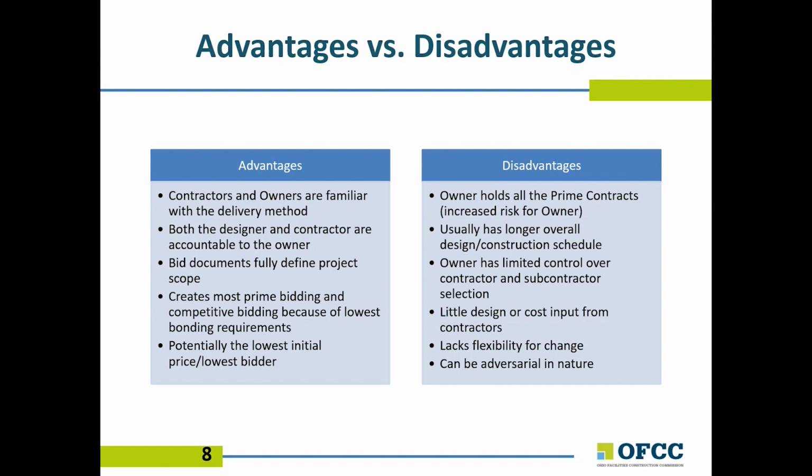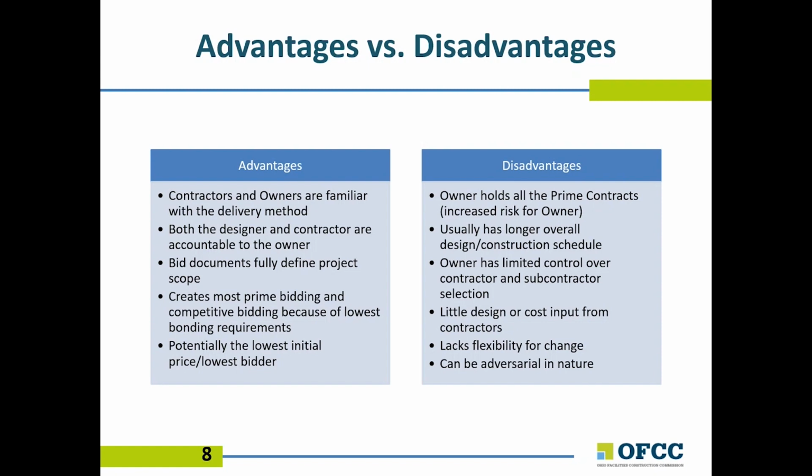Advantages include the fact that prior to 2012, public owners were required to use multiple prime, and the owners may be more familiar with this delivery method over the alternate methods. As time passes, this advantage has decreased for most owners. Another advantage is that both the architect engineer and prime contractor are directly accountable to the owner.